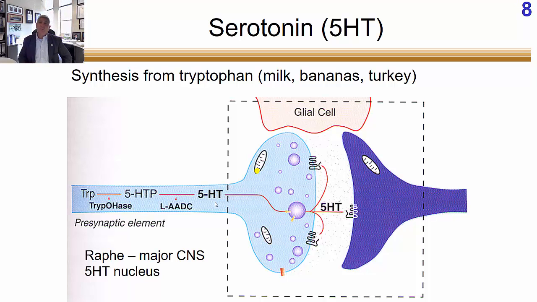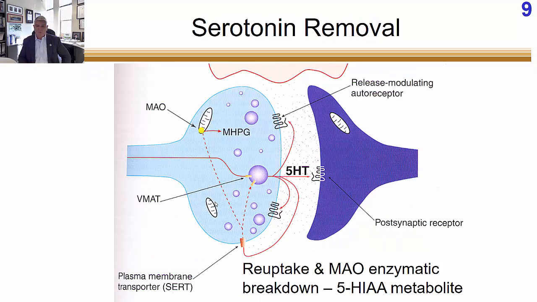There are diffuse projections throughout the cortex. Primary breakdown for serotonin is similar to dopamine and norepinephrine in terms of reuptake through the SERT transporter, serotonin transporter protein, for recycling, and enzymatic breakdown by the monoamine oxidase enzyme.